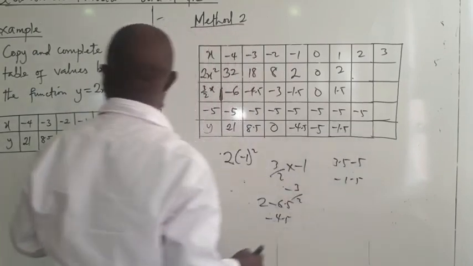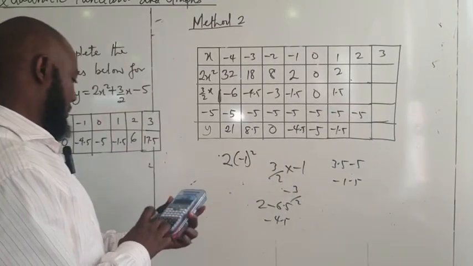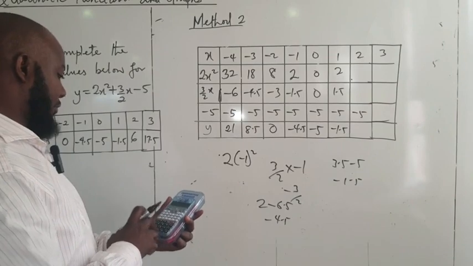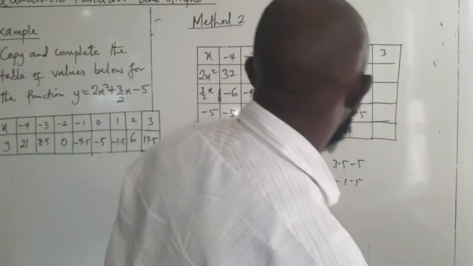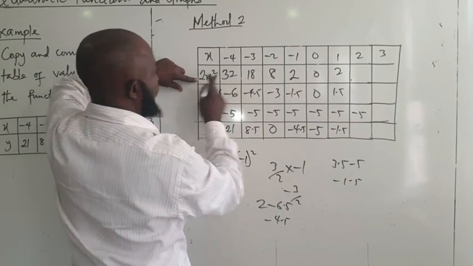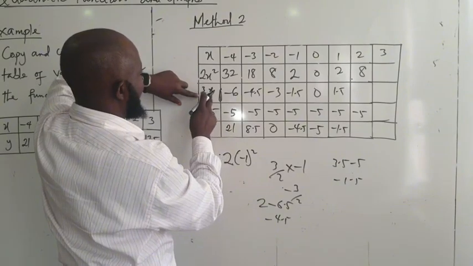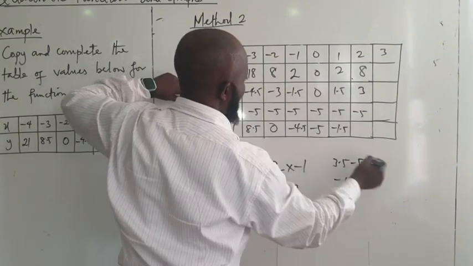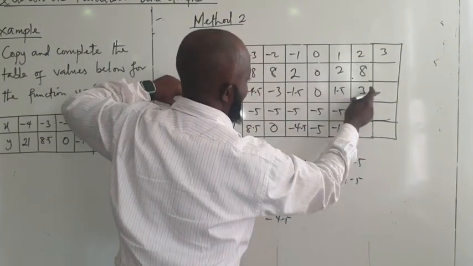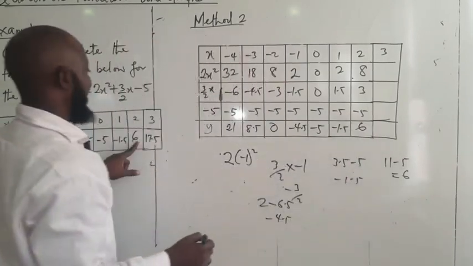That's what we have, minus 1.5. Then the next one: 2 squared is 4, 4 times 2 is 8. Then 3 over 2 times 2 is 3. So we have 8 plus 3, 11. 11 minus 5 will give us 6. This is 6.